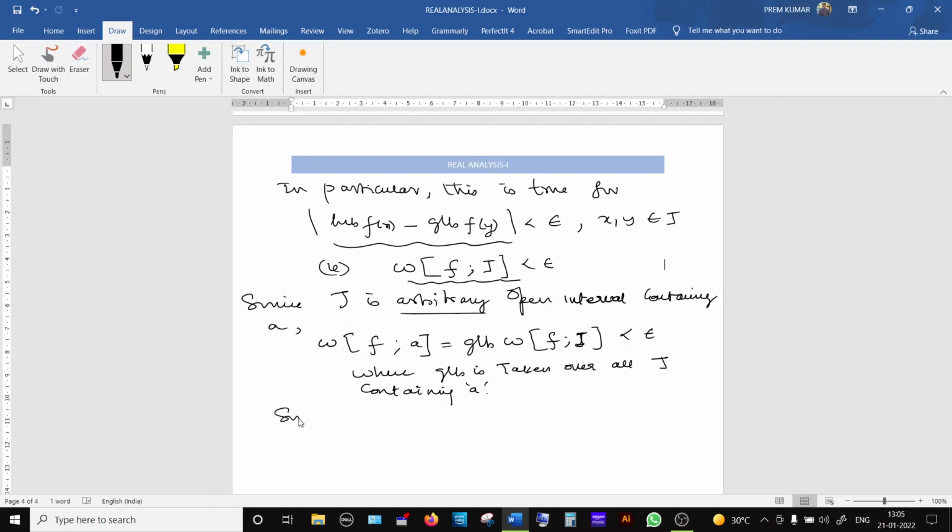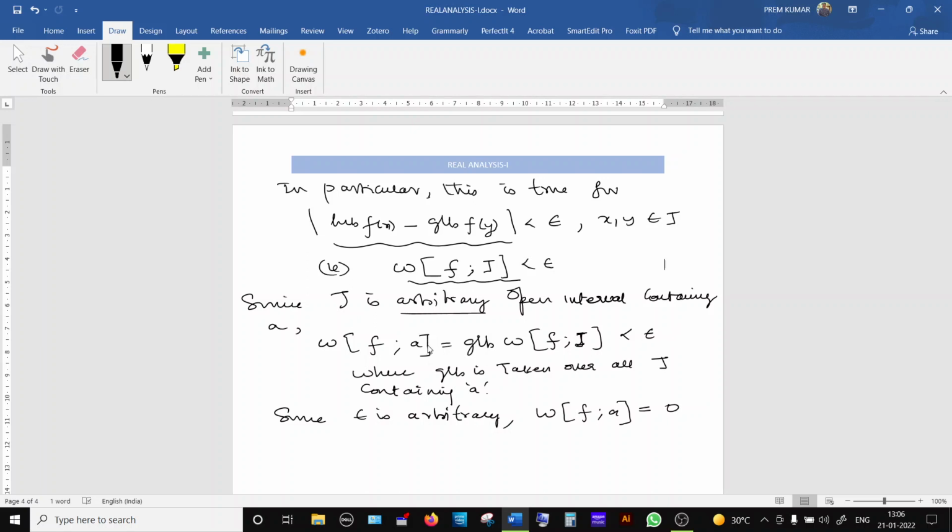Now, since epsilon is arbitrary, we have that omega of f at a should be equal to 0, because this is always less than epsilon for any epsilon greater than 0.